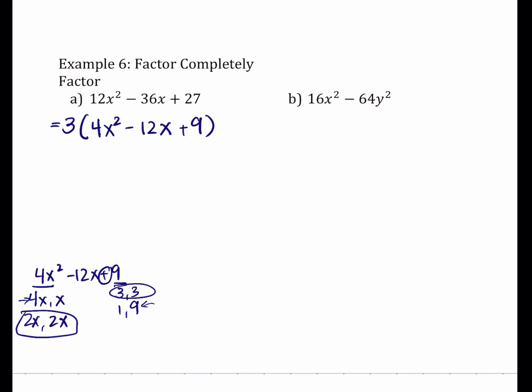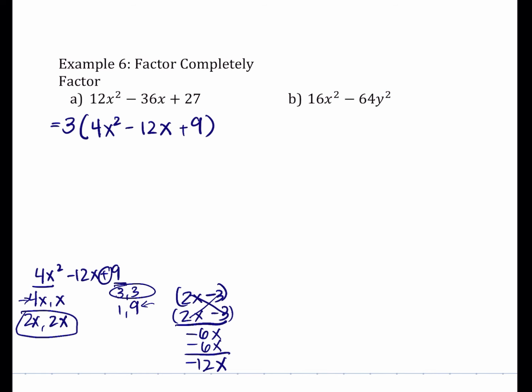So I know they're going to have the same sign. They're both going to be negative. So I'm going to try this. 2x minus 3, 2x minus 3. And when I cross multiply this, I have negative 6x, negative 6x, which comes out to negative 12x when combined, which is the same as my middle term, so that actually is the correct factorization.